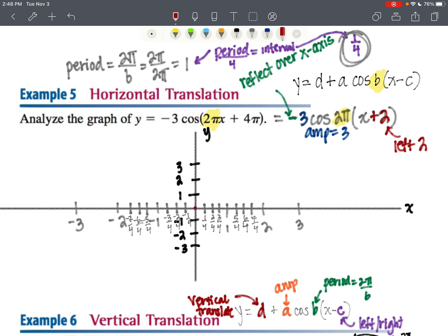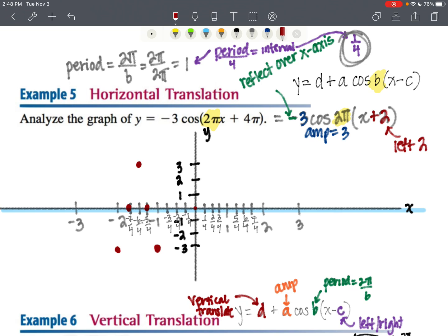So we're going to shift left 2 and start at the min. And then 1 period later, which is a length of 1, will end at the min. Halfway, which is when x is equal to -6/4, will be at the max. And then halfway, we're at the midline. I think I deleted my midline. Let's show that midline right there. Beautiful.